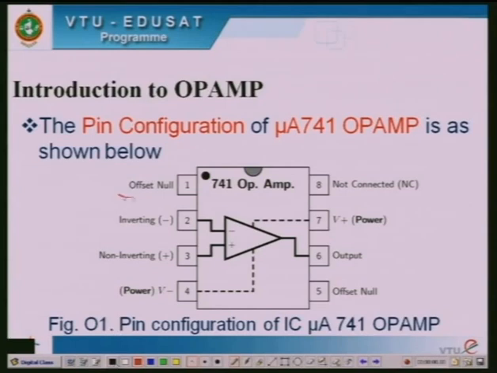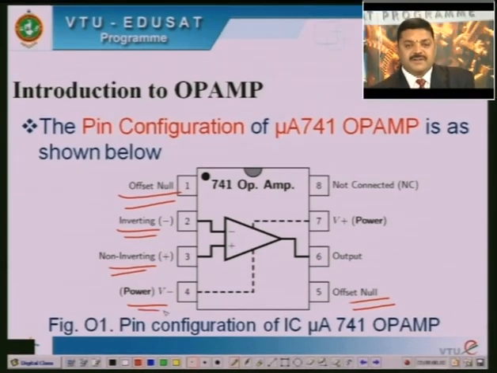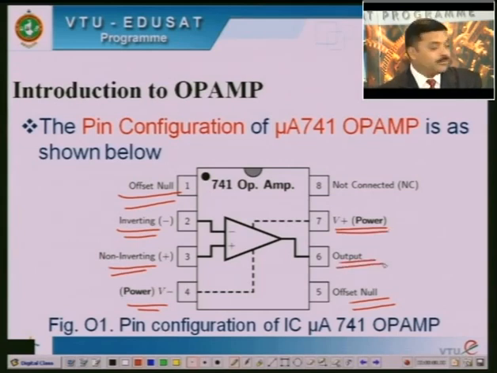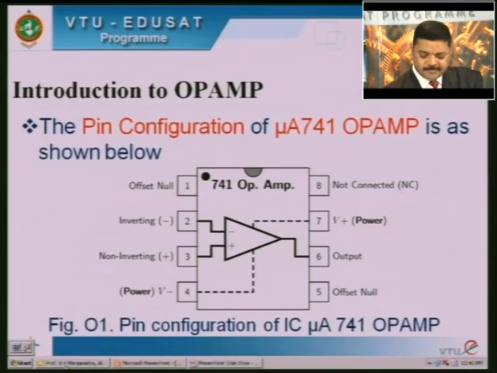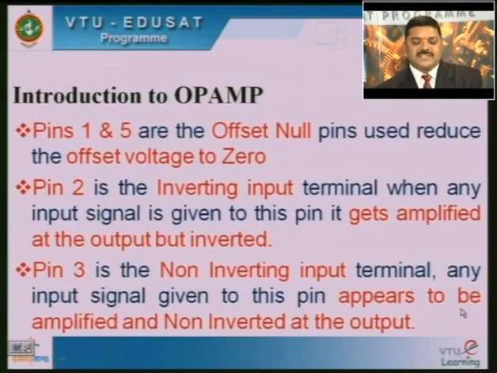So here pin number 1 is offset null, pin number 5 is also offset null, pin number 2 inverting input terminal, negative terminal, pin number 3 non-inverting input terminal which is a positive terminal, pin number 4 it is a negative power supply, pin number 7 is positive power supply, and pin number 6 is the output point where we take the output, and pin number 8 is said to be not connected or no connection, which is only used for giving a definite shape to the IC. So these are the pin details.